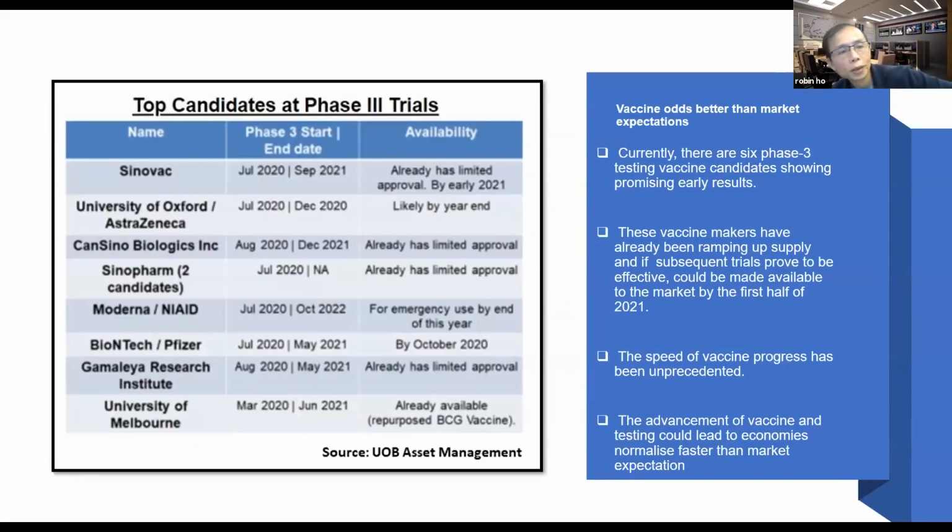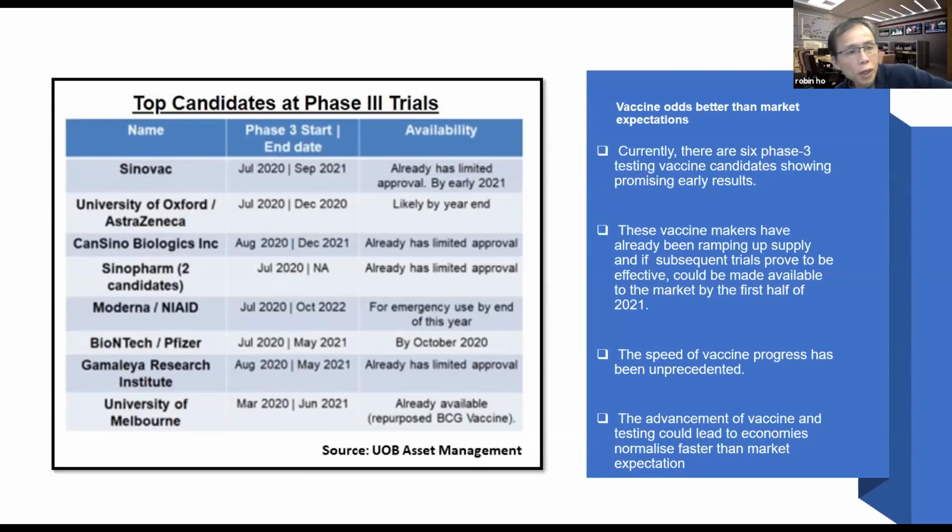A lot of people today are still wondering whether we would have a safe vaccine coming. I don't think the question is about whether we will have a vaccine. We will have plenty of vaccines.